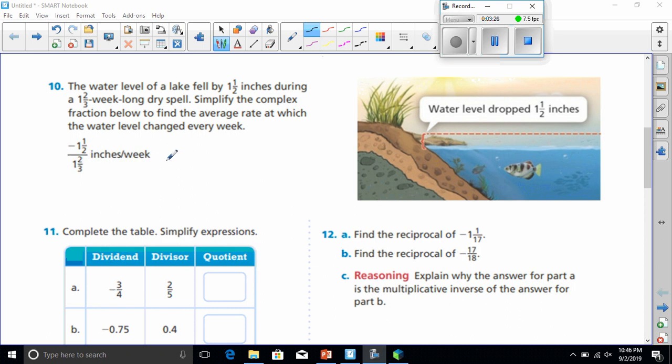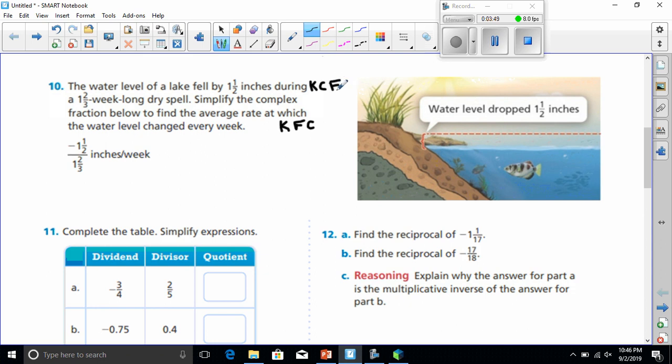Whenever we have a fraction in a fraction, we know we're using KFC. And that stands for keep, flip, and change. Some of you might have learned it as KCF. Keep, change, flip.